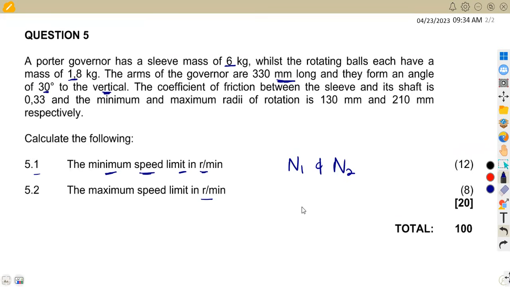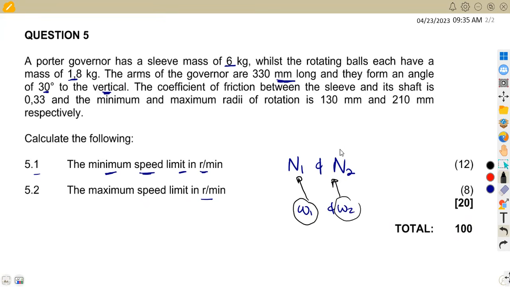If it was in rad per second, we would calculate omega-1 and omega-2. But this is going to limit us still, because we do not have a formula that has direct N from our Porter governor. So which means we can calculate omega-1 and omega-2.